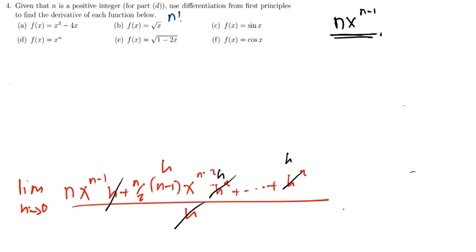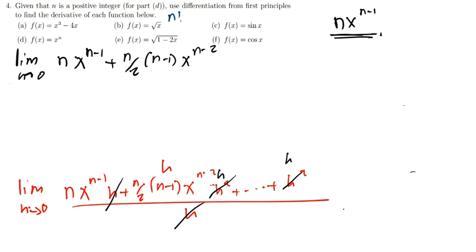So I have remained with limit h goes to 0 of nx that plus n over 2 n minus 1 x. I have that. I've remained with one h plus h. So if we are to plug in the values where there is h, we put that, we have that.